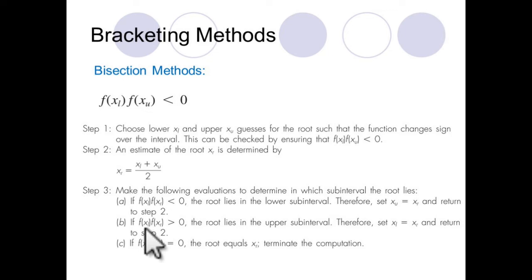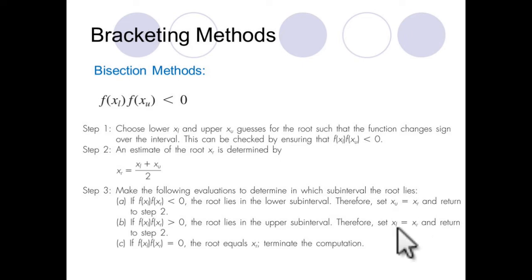Okay, if f of xl times f of xr is positive, this means that f of xl and f of xr are on the same side. Basically, this means that the root is in the upper subinterval.